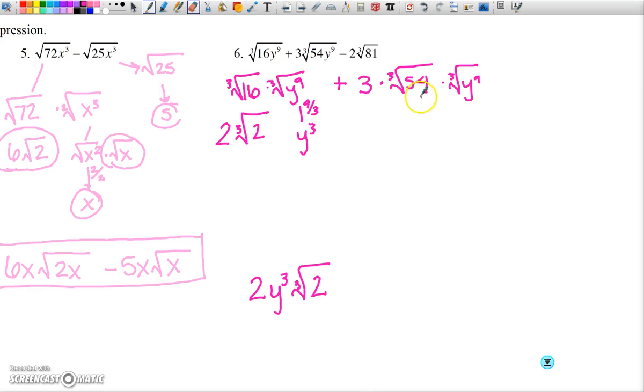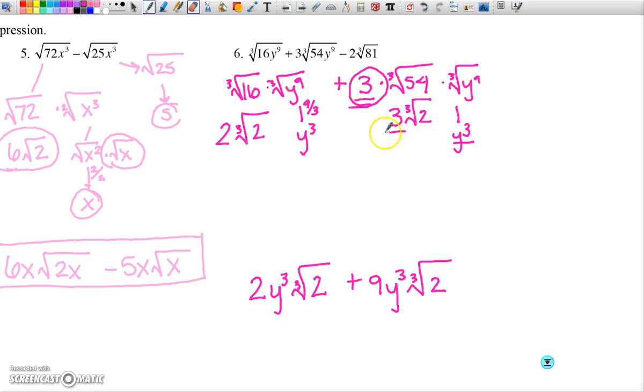So we've got our 3, which stays, and the cubed root of 54, which isn't a perfect cube, but it does simplify down to 3 times the cubed root of 2, and we already know that this becomes y cubed. So we're going to multiply the 3 and the y cubed, so we have plus 9y cubed, and then under the cubed root we still have a 2. So this was out, this was out, this was not, that one comes out.